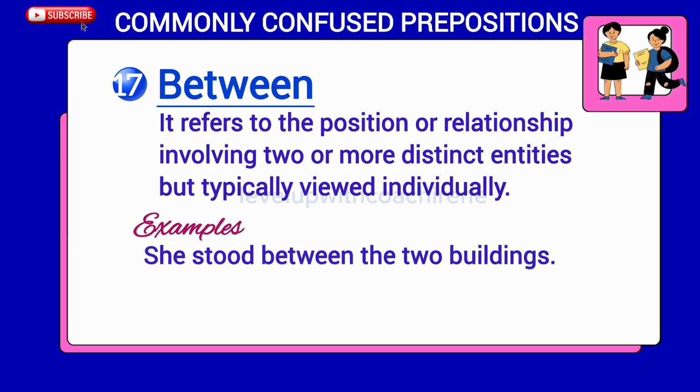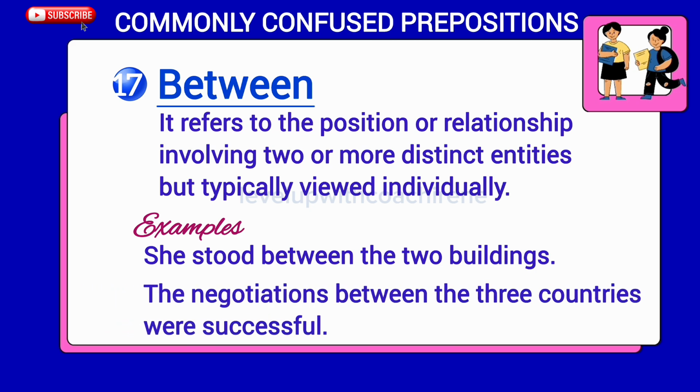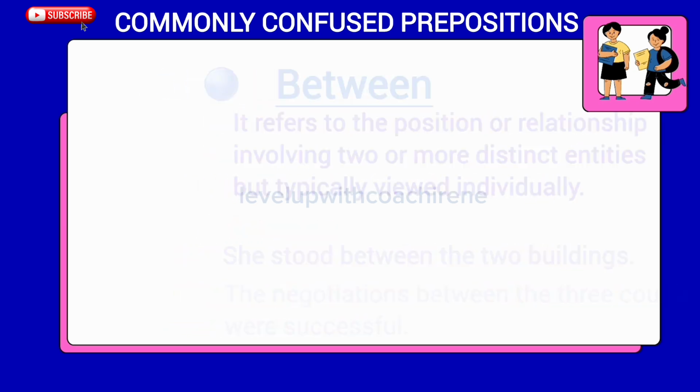Example, she stood between the two buildings. This implies that there are two distinct buildings on either side. Another example is, the negotiations between the three countries were successful. This involves three distinct parties.